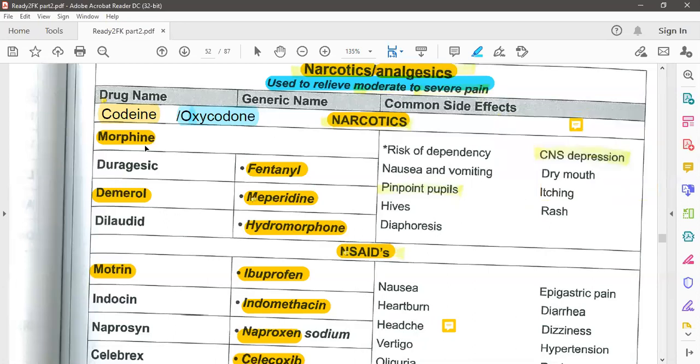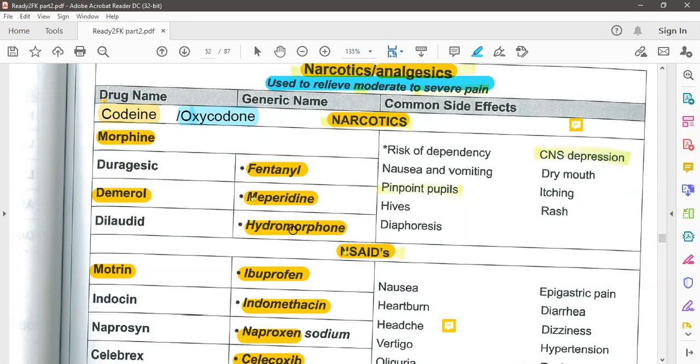Now I'm going to go to another medication, hydromorphone. You see, the name is morphine, and this one is hydromorphone. These two are not the same. It is important that you know this. Like morphine, hydromorphone also reduces respiration, but hydromorphone is not like morphine.